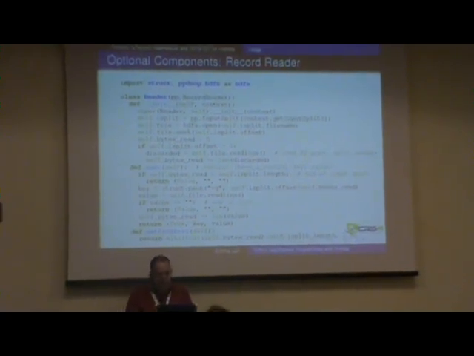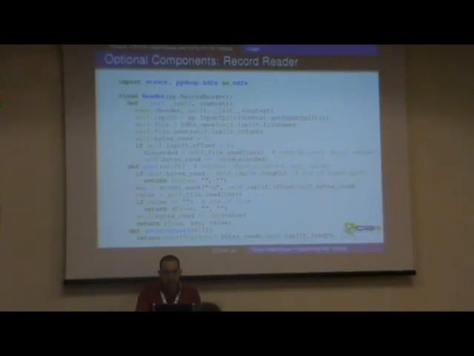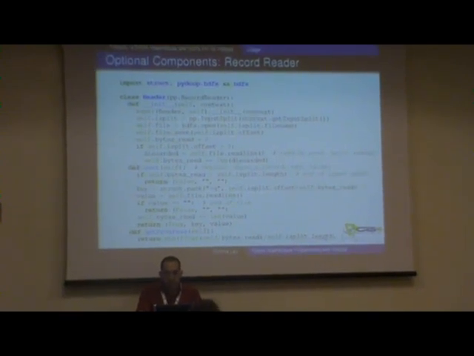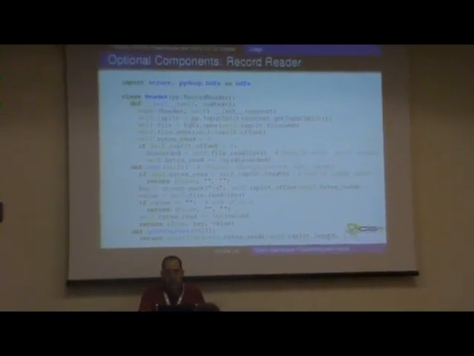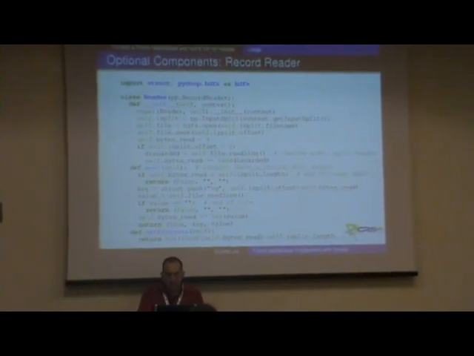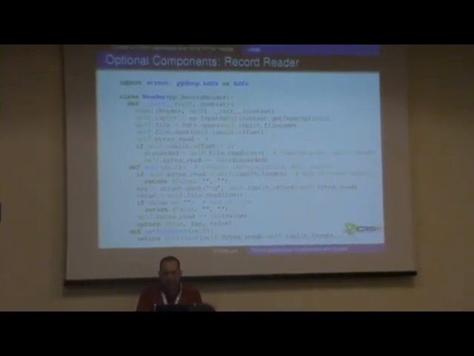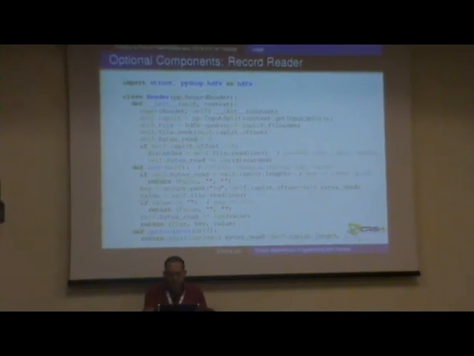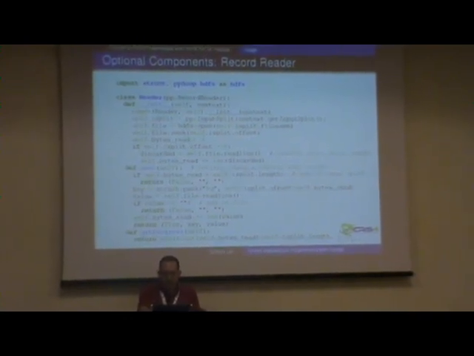We have to implement two methods in the record reader. Next is the method that actually emits records for the mapper. The output value is a tuple of 3 elements. The first one is a boolean, which says if we have a record or not, and the other two are the key and the value. So, first of all, we check if we are at the end of the input split.